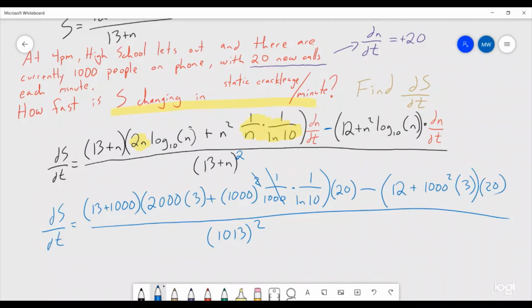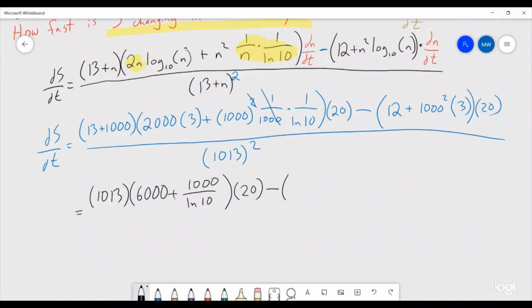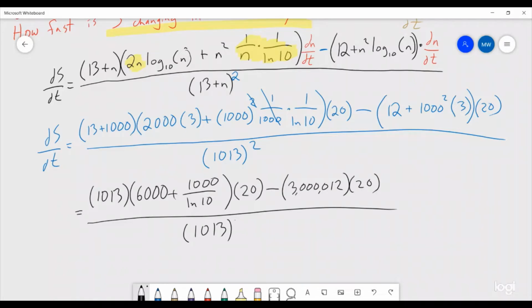And whatever that number is, that is going to be what ds/dt is. So we can do a little bit of simplification, not a ton. Let's just evaluate what some of these numbers are. That's going to be equal to 1,013 times 6,000 plus 1,000 over the natural log of 10 times 20, minus 3 times 1,000, that's 3,012, times 20, all over 1013 squared.